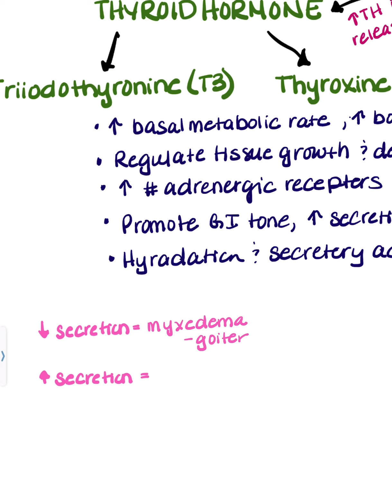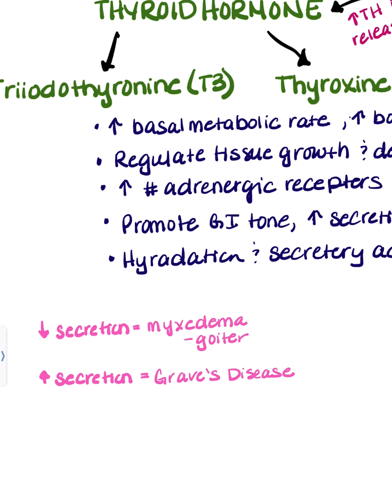If we have hypersecretion, we can get something called Graves' disease. And these might sound familiar because I mentioned them previously. So if you have Graves' disease, you produce all these abnormal antibodies, and these abnormal antibodies look a lot like the thyroid stimulating hormone.